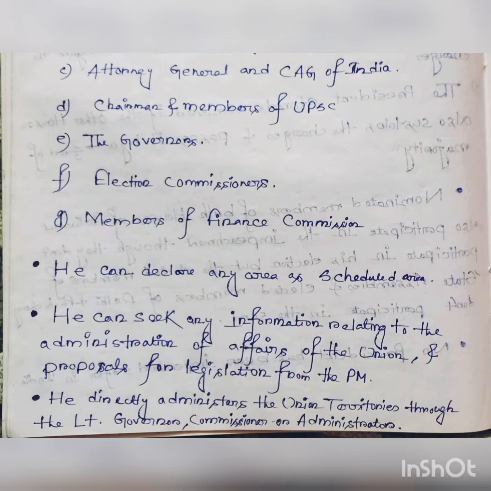And number 7, members of the Finance Commission. He can declare any area as a Scheduled Area. He can seek any information relating to the administration of affairs of the Union and proposals for legislation from the Prime Minister. He directly administers the Union Territories through the Lieutenant Governor, Commissioner or Administrators.